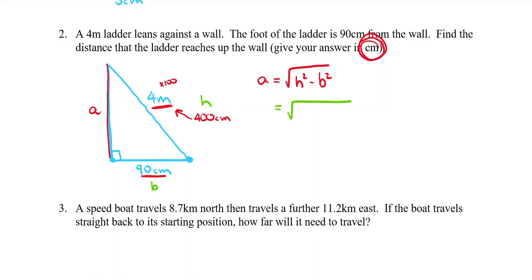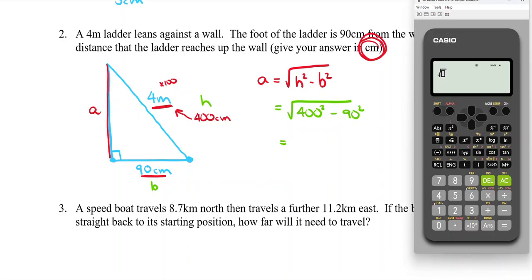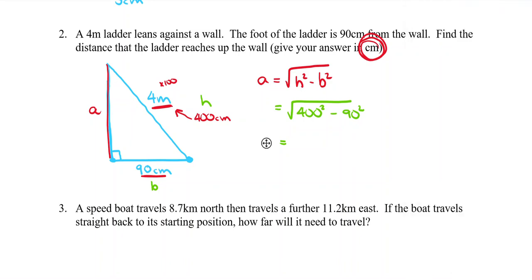Square root, the hypotenuse is 400 squared minus the shorter side, which is 90 squared. Square root of 400 squared minus 90 squared is, and we'll do one decimal place again, 389.7. That will be in centimetres.